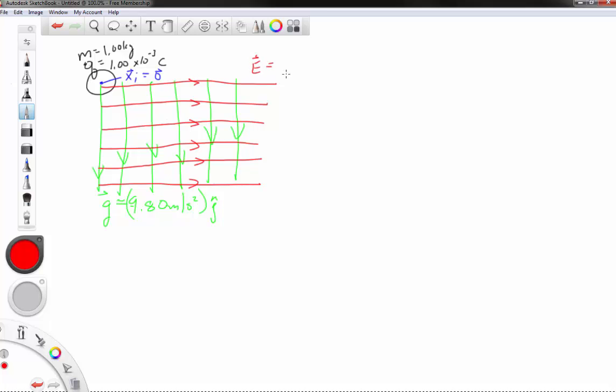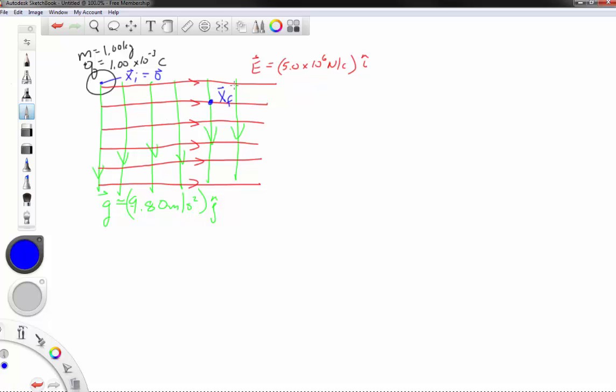E is equal to 5.0 times 10 to the 6th newtons per coulomb, and this is in the x direction, or i hat. And so we're going to move the particle through 1 second along this way and along this way. We'll say that here's x final.